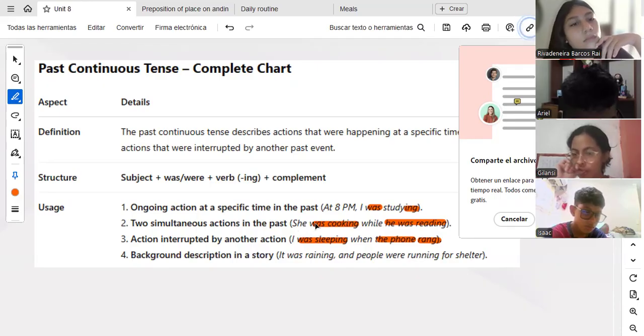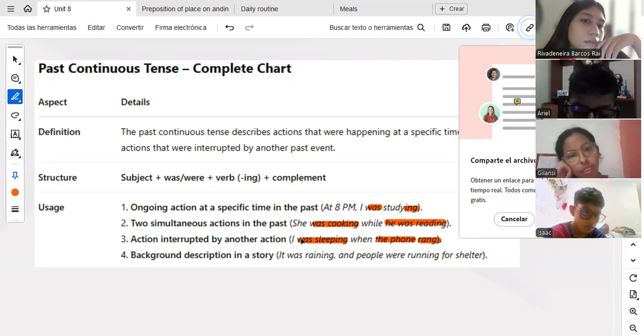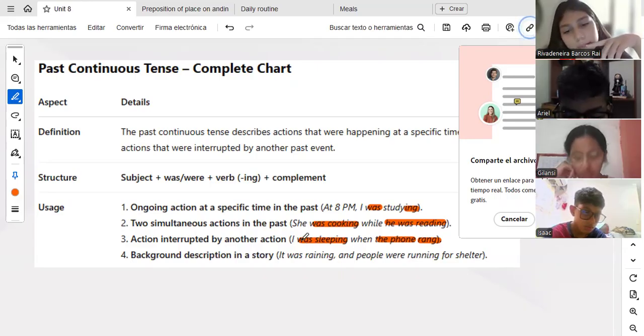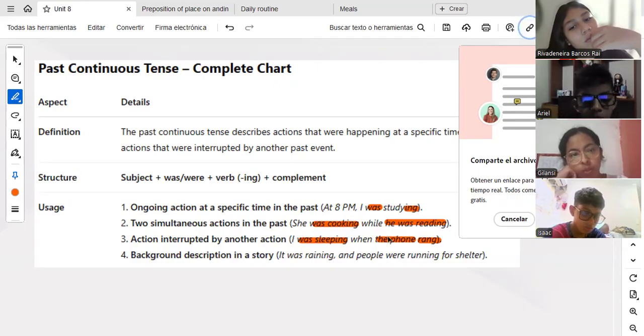Ella estaba durmiendo, eso es lo que estaba sucediendo, una acción que no finalizó. Y otra acción que interrumpe: mientras yo estaba durmiendo, el teléfono sonó. Sonó es una acción que terminó, y ya. Entonces, cuando hablamos de dos acciones, una que pasaba y una que interrumpe, la acción que estaba sucediendo va en pasado progresivo y la acción que interrumpe va en pasado simple.